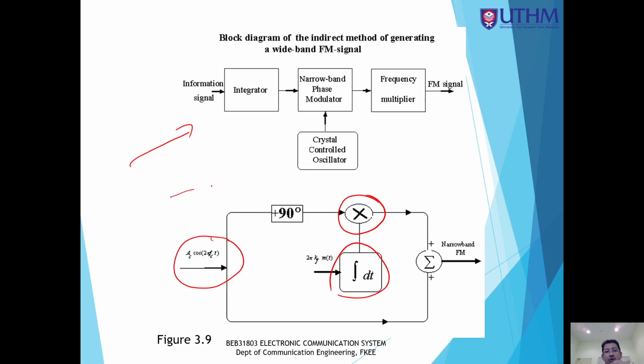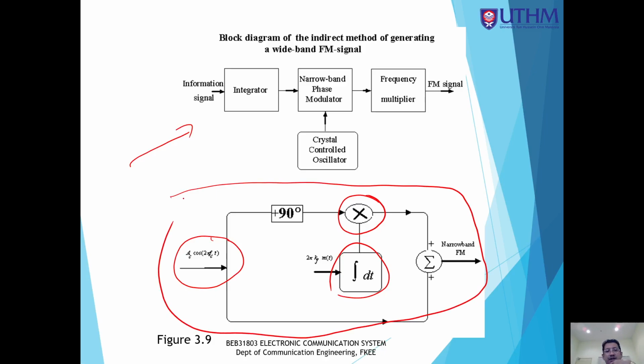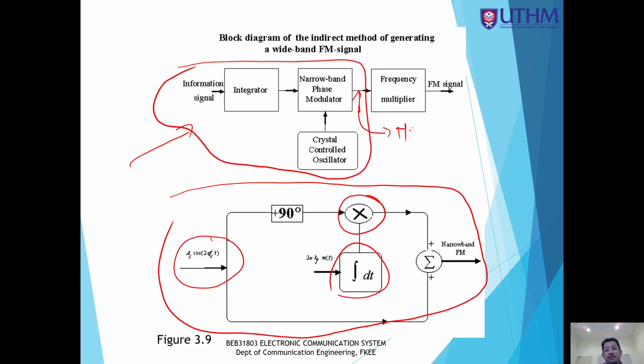This whole picture refers to this part. Up to here, we produce narrowband FM, NBFM. We are doing the process of PM, but indirectly doing the process of FM, which produces narrowband FM.